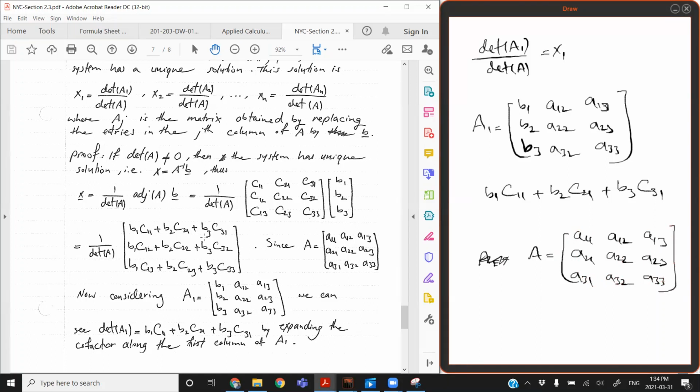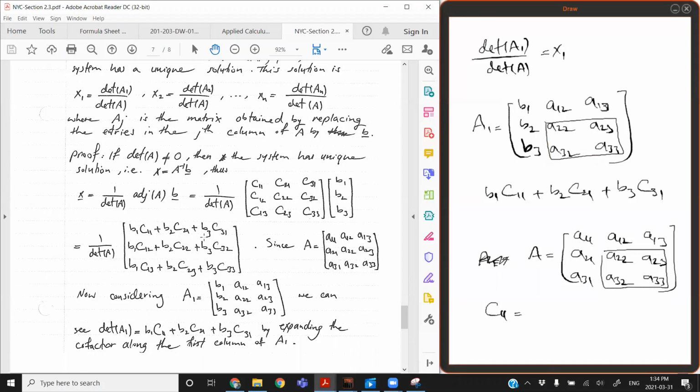Now, the cofactor for the position 1, 1, that I get from A or from A1 are going to be the same, because the second column and the third column are the same. For example, if I want to find the cofactor 1, 1 from A, it will be the determinant of this submatrix. If I want to get that for A1, it's going to be the exact same thing.